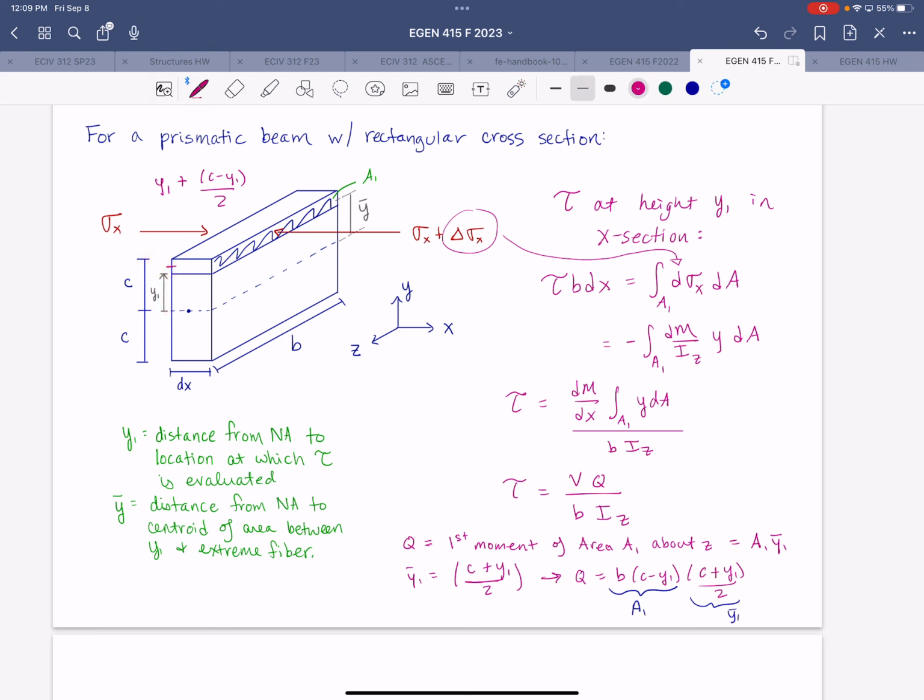And then simplifying that gets you (c plus y1) over 2. Questions? Okay.